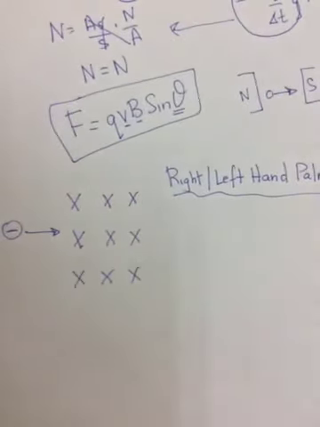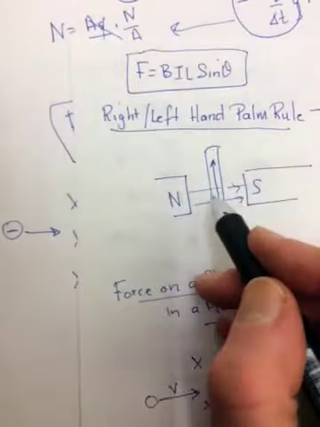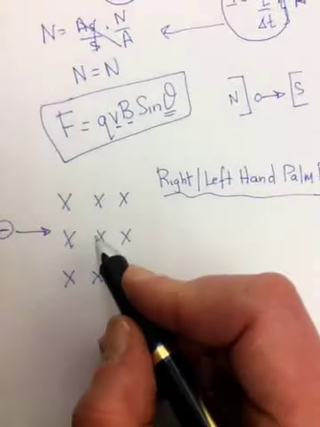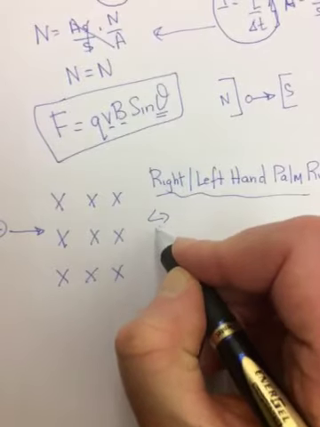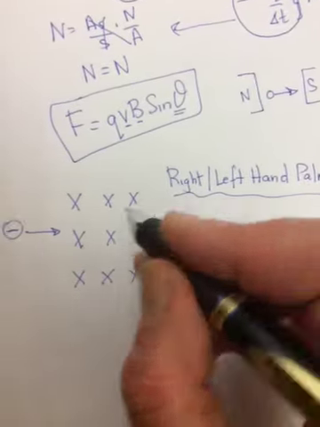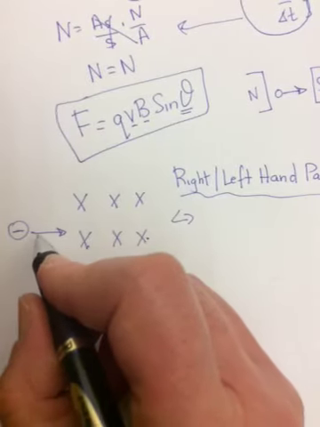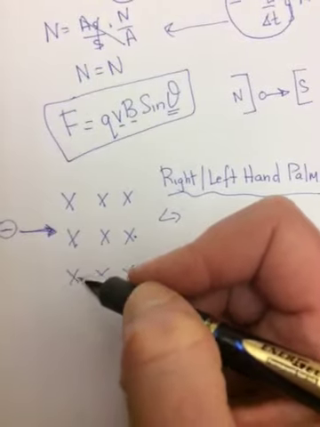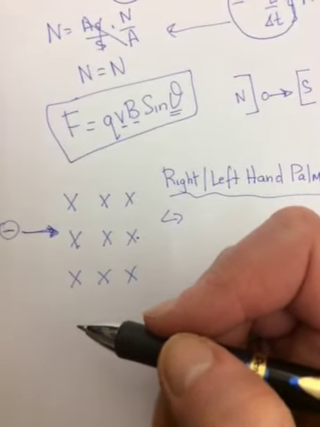The only thing we've traded in is that instead of current flow, it's going to be charged particle. Okay, but it's still your thumb pointing there. So again, with the appropriate hand, point your fingers in the direction of the magnetic field. Point your thumb in the direction of the charged particle, and the force will come out of the palm of your hand. Okay?